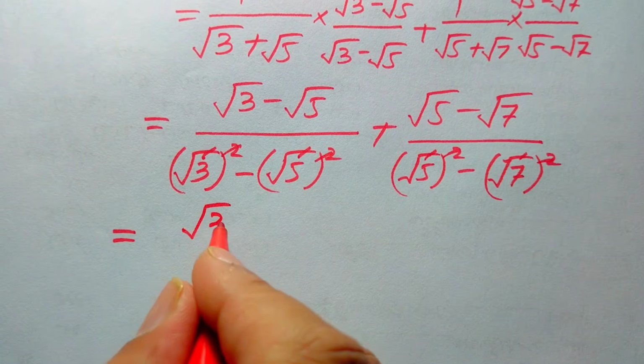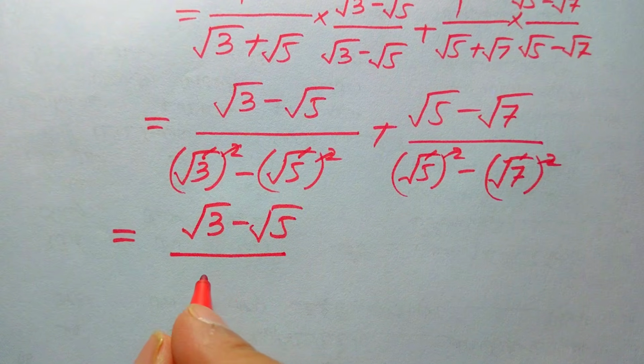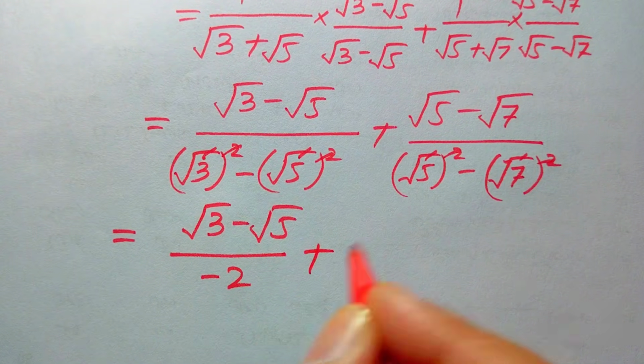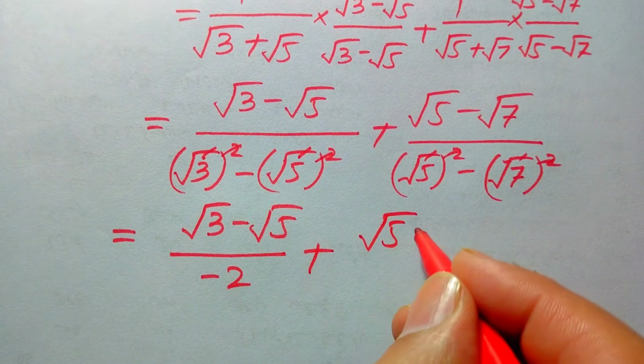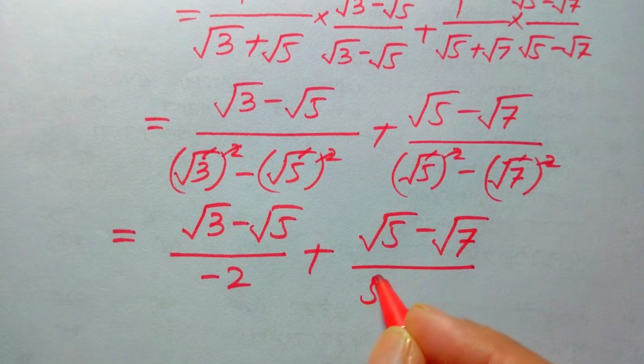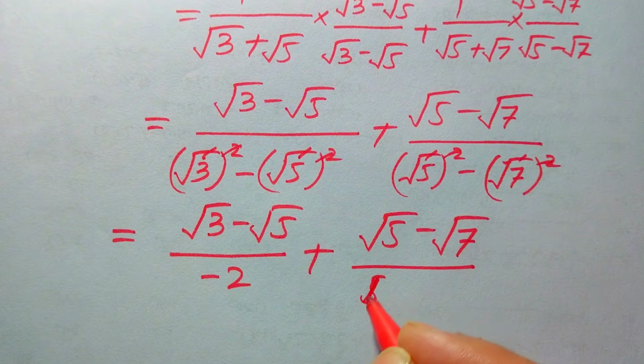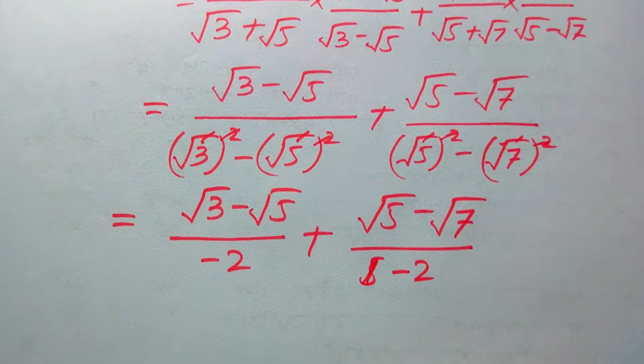And we get square root of 3 minus square root of 5 divided by 3 minus 5 becomes minus 2, plus, here we have square root of 5 minus square root of 7 divided by, this is again 5 minus 7, and again 5 minus 7 becomes minus 2.